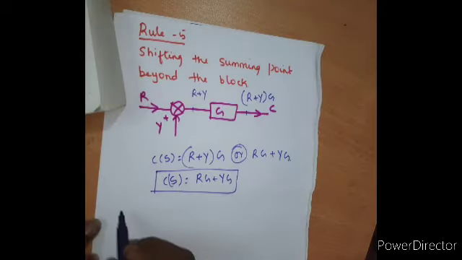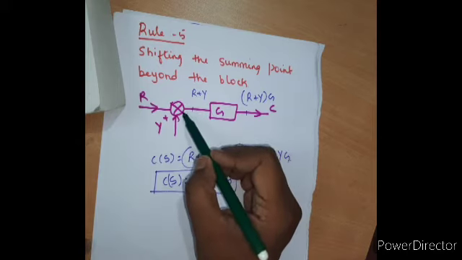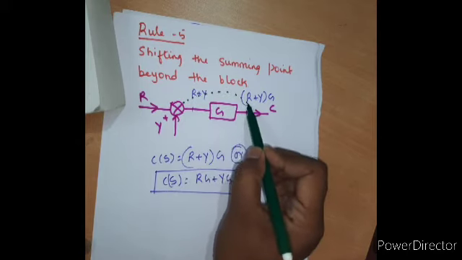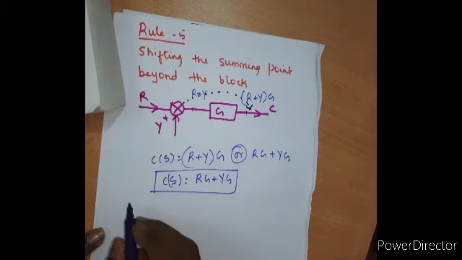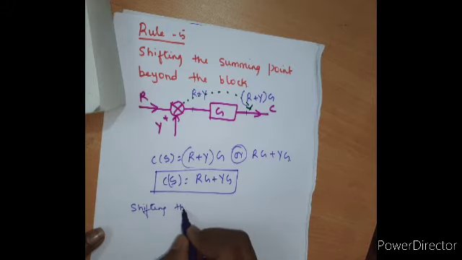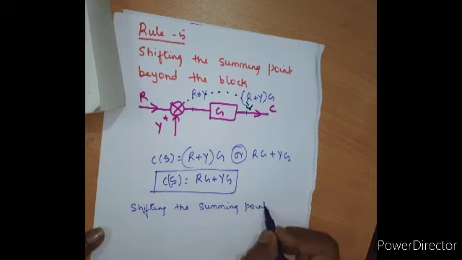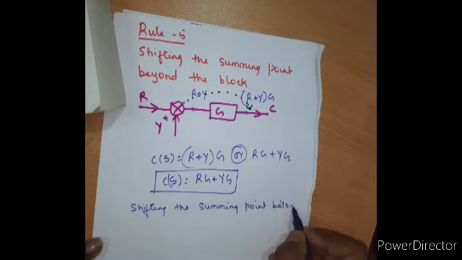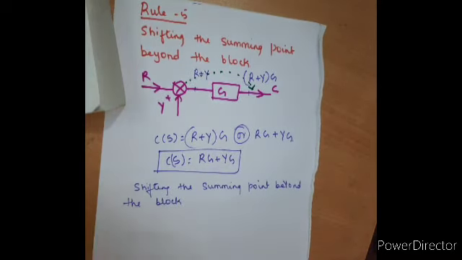Now what we are going to do is shift the summing point. See, the summing point is here now. You are going to shift the summing point beyond the block. When I am shifting the summing point beyond the block, how will my circuit be?